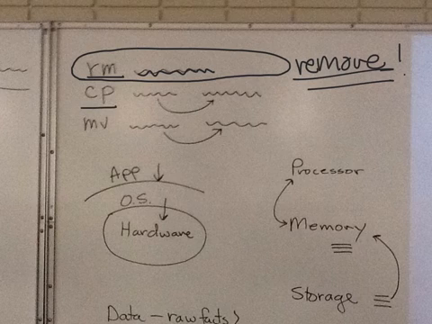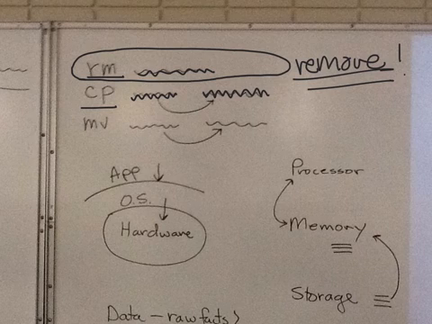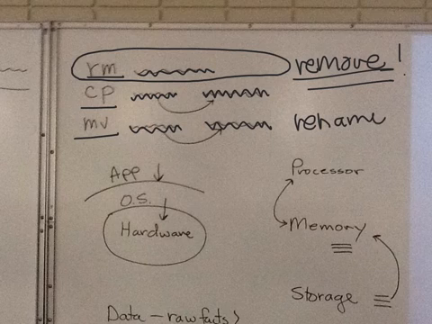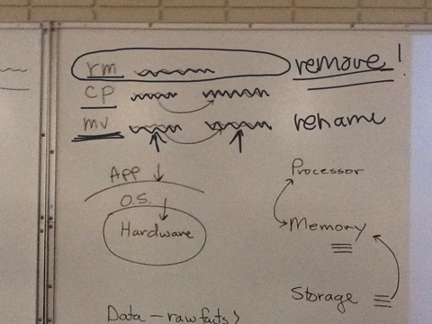If you want to copy it from one location to another, you can put CP, the name of your file, and then the directory where you want to copy it. And we have some examples of that. If you want to move a file from one location to another, you can do the same thing. Or this will also allow you to rename it by just using the move, give the original name here and the new name here.